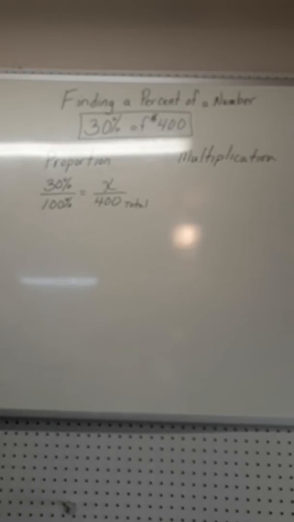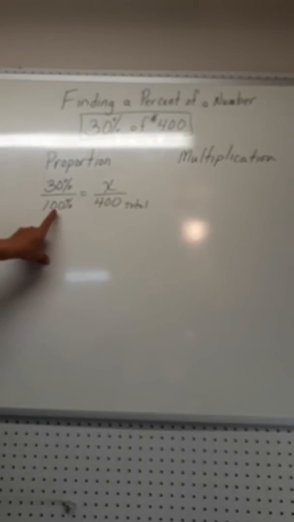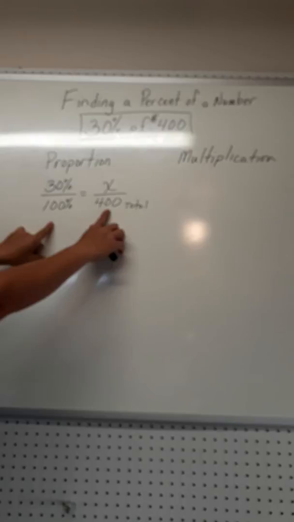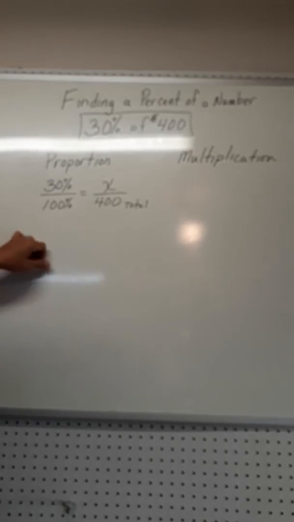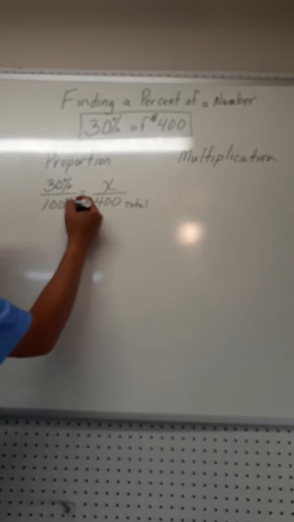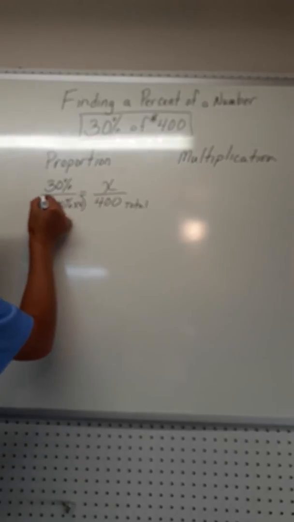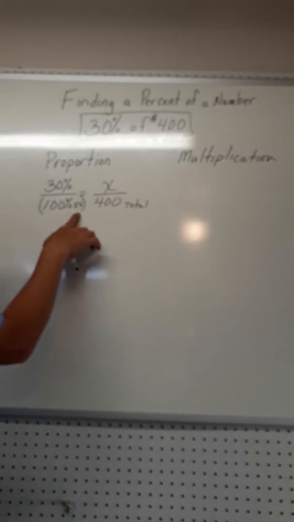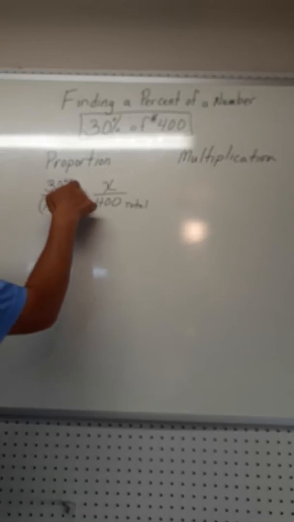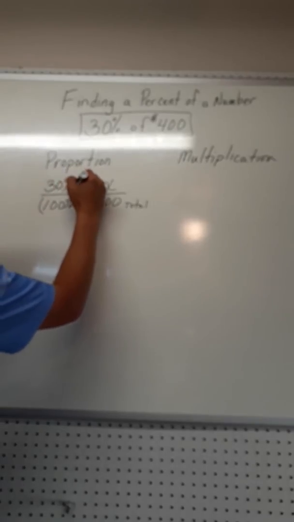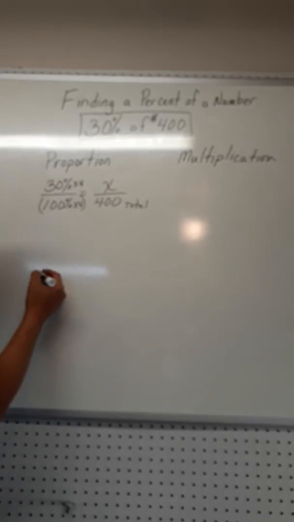And the simplest way I can show you is to say, all right, how do I get from 100 to this 400? I can multiply the denominator by 4 to get to 400. And if I did that to the denominator, I must do the exact same thing to the numerator, times 4.